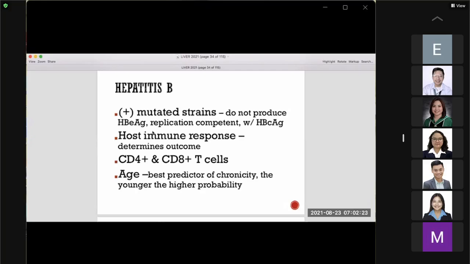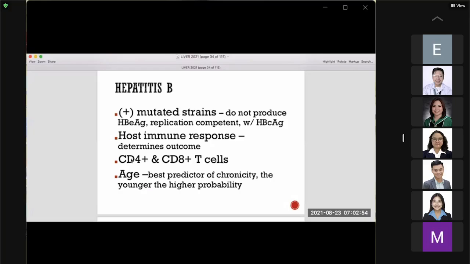So the host immune response would determine the outcome. If a person has a good immune response, he will be able to control this. The function of this is to target cells that are infected with hepatitis B. There is involvement of particularly CD4 positive and CD8 positive T cells.